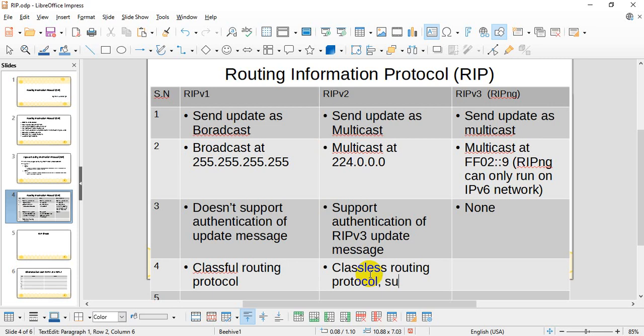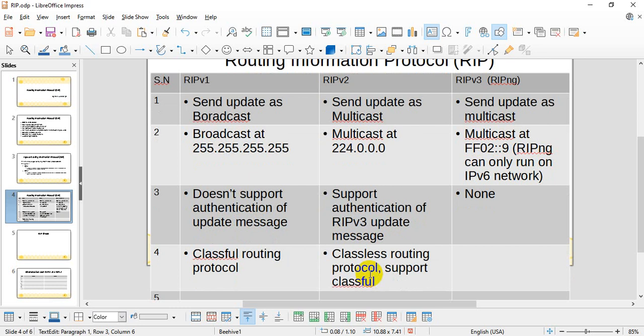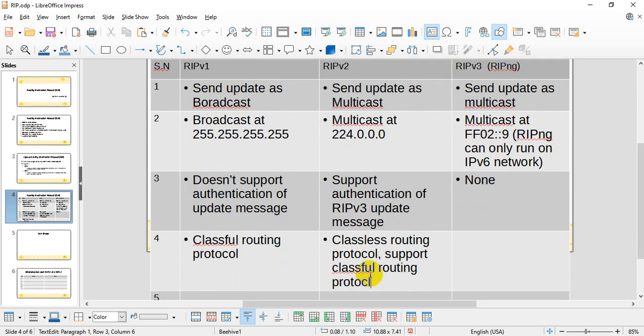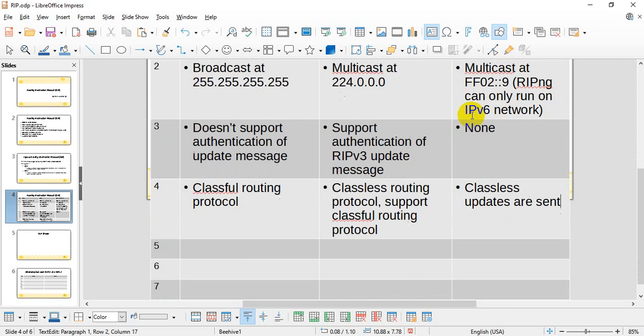RIP version 2 supports both classless and classful routing. And in RIPng, RIP version 3, it supports classless updates; only classless updates are sent in RIP version 3.